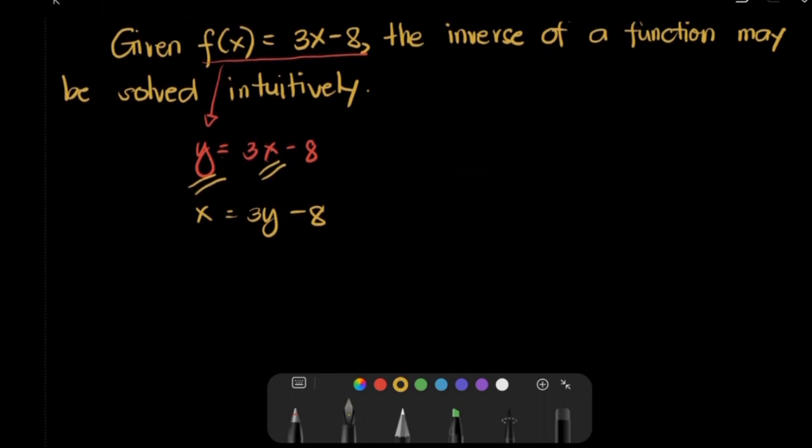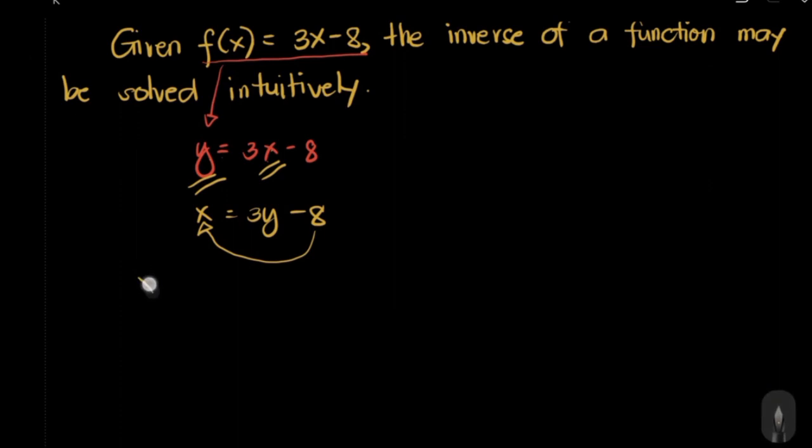Para ma-isolate si y, i-transpose nato si negative 8 sa left side so that si negative 8 mahimong positive 8. So, x plus 8 is equal to 3y. Now, para ma-isolate jud si y, wala na siya laing kauban or katapad sa iyang side, we need to divide both sides by 3. So, i-cancel na to si 3 and mabilin na lang si y.